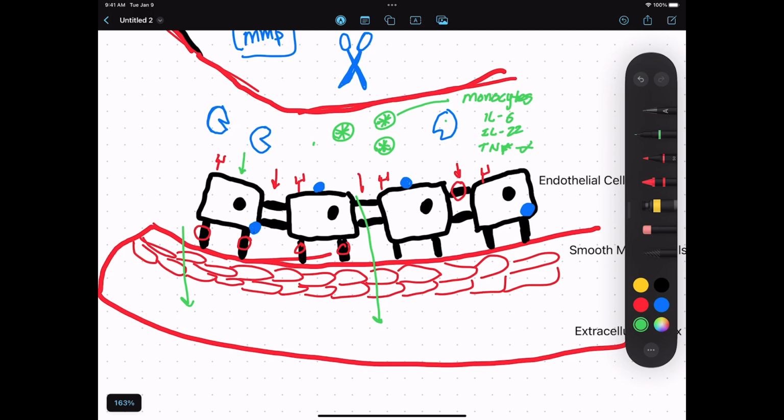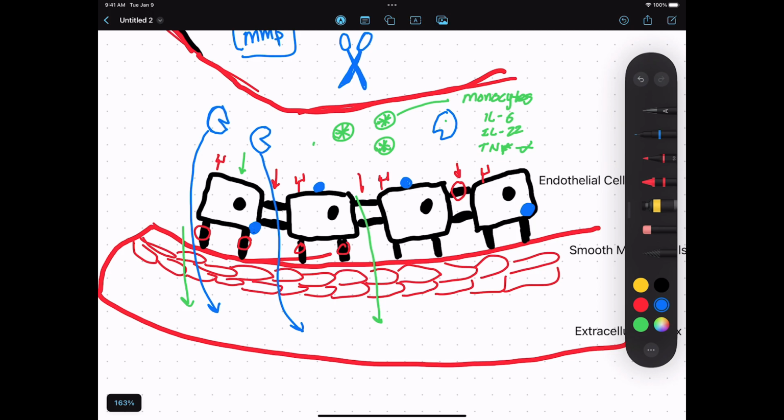These inflammatory proteins, as well as MMPs, will move into the extracellular matrix down here, and they will start chopping up that matrix to allow cellular migration of the endothelial cells.